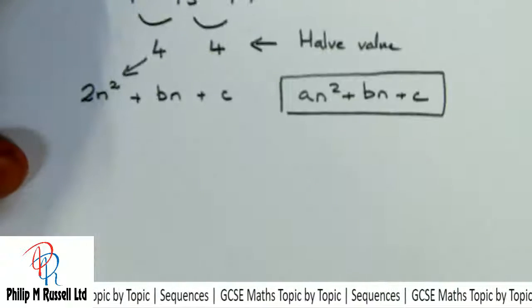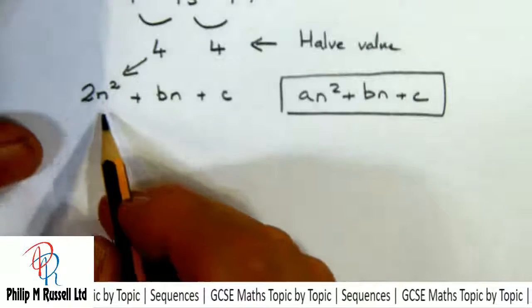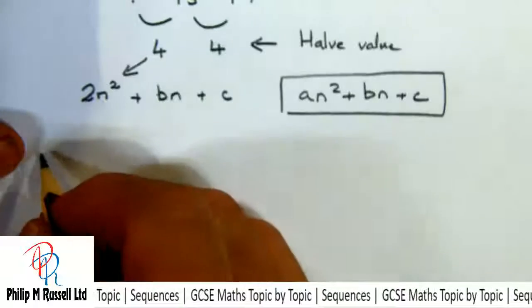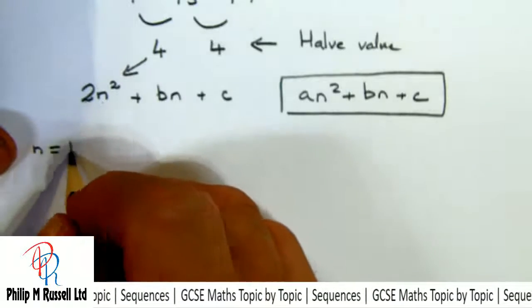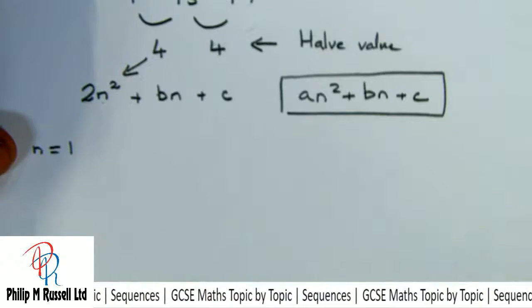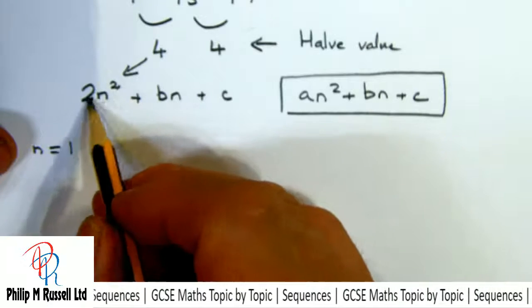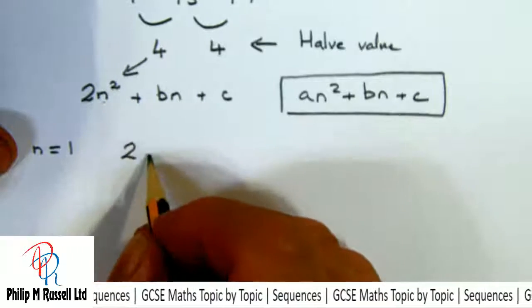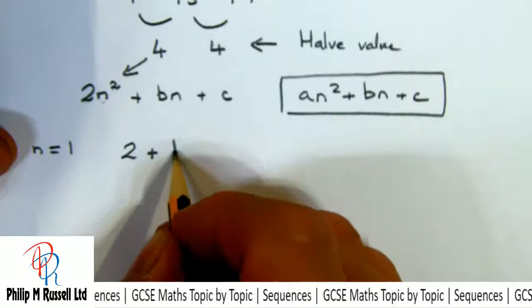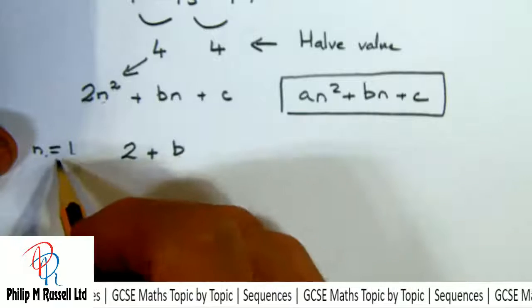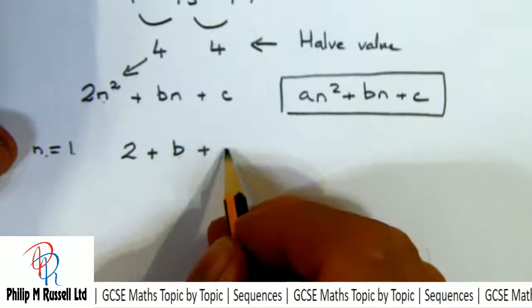Now we know this, let's see what we can do. Let's put some values in here. So I'm going to set n is equal to 1. Okay, so here we go. 1 squared is 1. 1 times 2 is going to be 2, plus b times 1 is going to give me b, plus c.